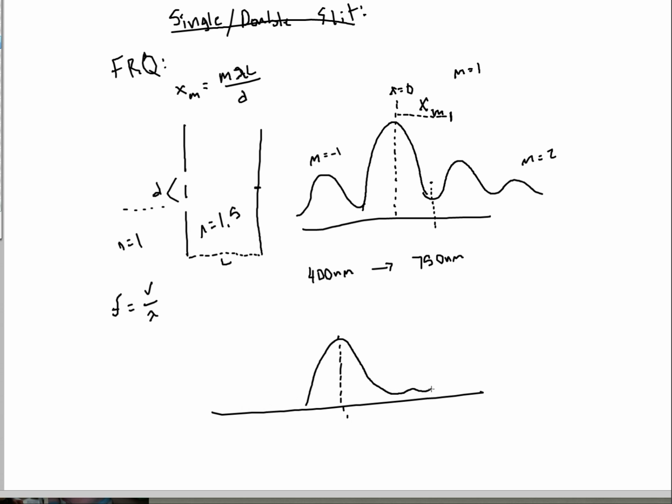We have humps that aren't even worth considering out here, but the main thing about a single slit is that you have one peak in the center of your graph. And so that's the main difference between these two graphs, is that when you have a double slit, you have more constructive interference as opposed to a single slit.